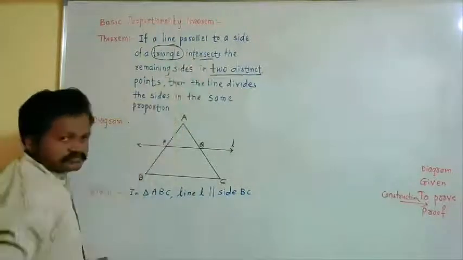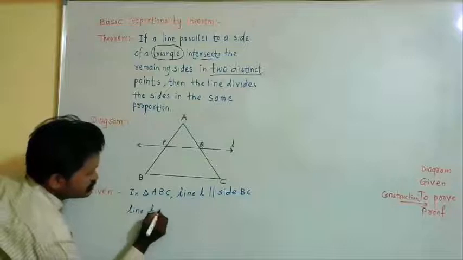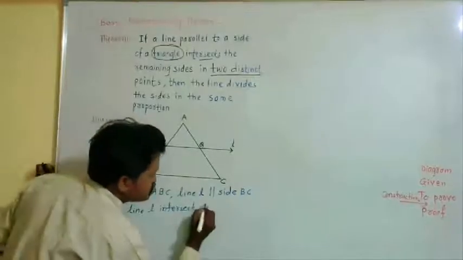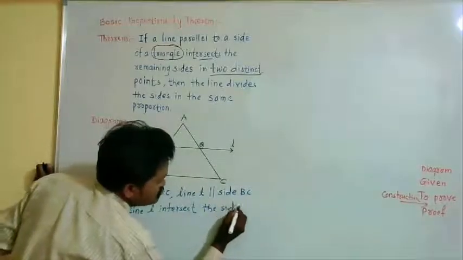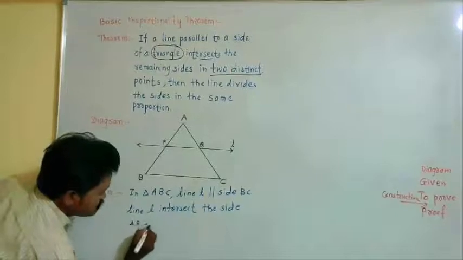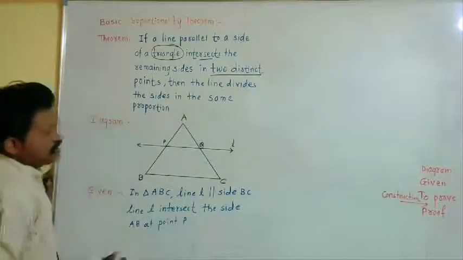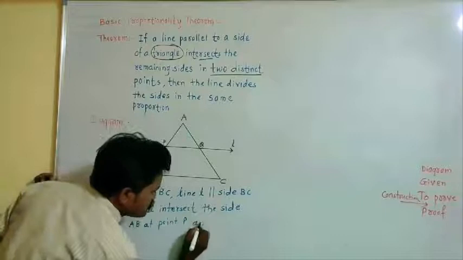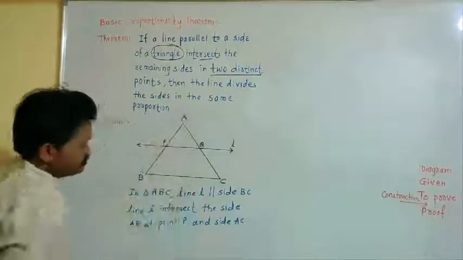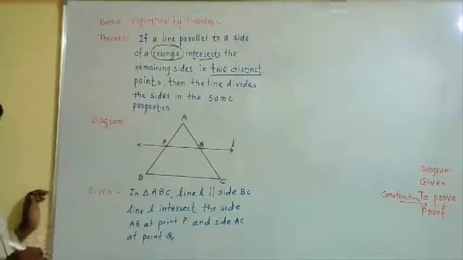So line L intersects the side AB at point P and side AC at point Q respectively.